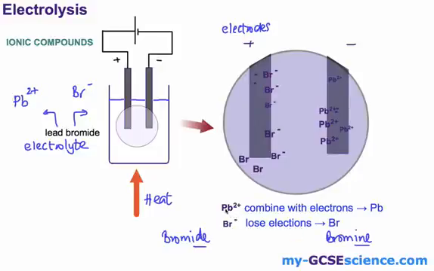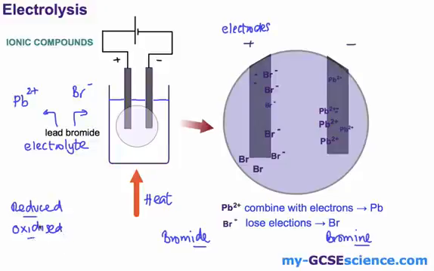Now there are a couple more key phrases that you need to be able to use when talking about this. When our lead combines with electrons, we say that it's gained electrons, and when an ion gains electrons we say it has been reduced. That's the key word there, reduced. So lead has been reduced because it's gained electrons, and bromide loses electrons, so we say it has been oxidized.